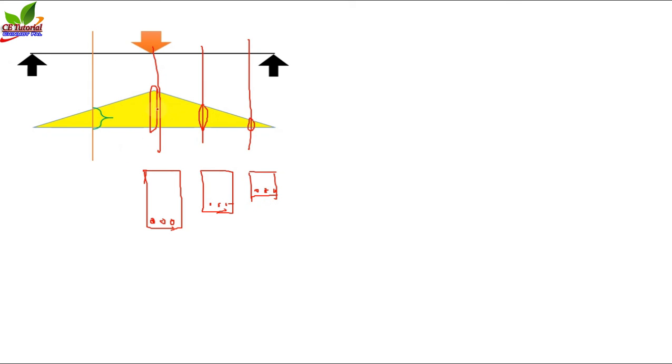if I consider each and every cross section, there is an infinite number of cross sections. Okay, if I consider each and every cross section and design against the bending moment of that particular cross section, then there is a variation of the depth of the beam.